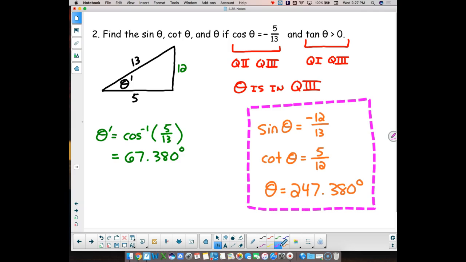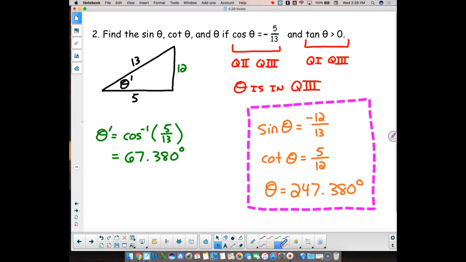So what I found was a reference angle. So in quadrant 3, to find actual angles, we add the reference angle to 180 degrees. Is there another quadrant that you have to do that? Quadrant 2, you subtract from 180.